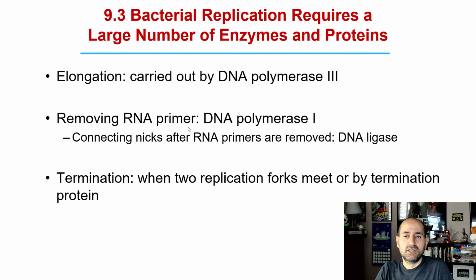Well, that's the job of DNA polymerase I. DNA polymerase I's job is to remove the primers after the Okazaki fragment is formed and replace that RNA with DNA. And then ultimately termination occurs when two replication forks meet.